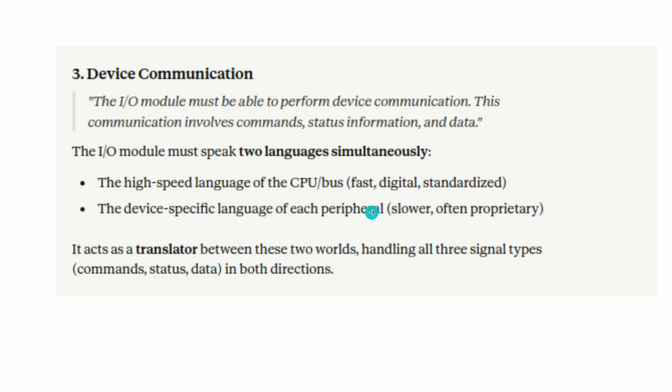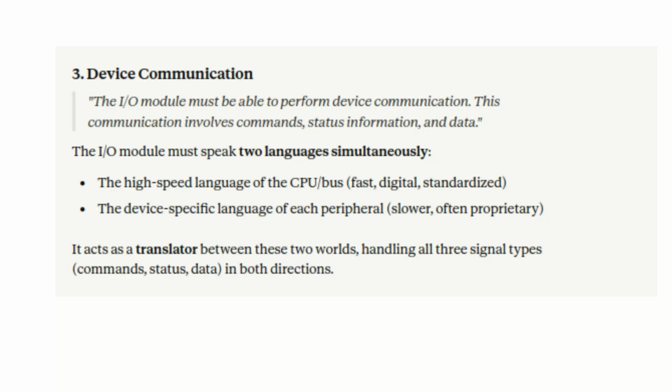It can speak both languages, the language of this high speed processor CPU or the bus, and also the language of this slow device. Each of the peripheral devices has a different language, so it can speak the device specific language also. So that is one thing that happens in device communication.